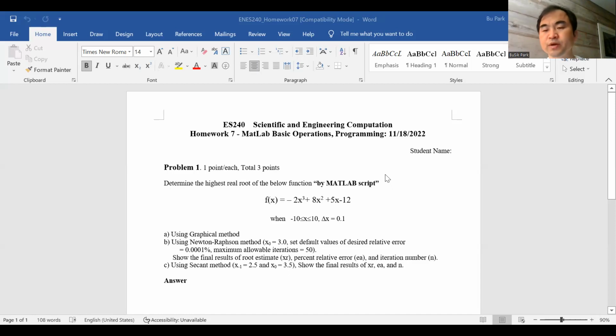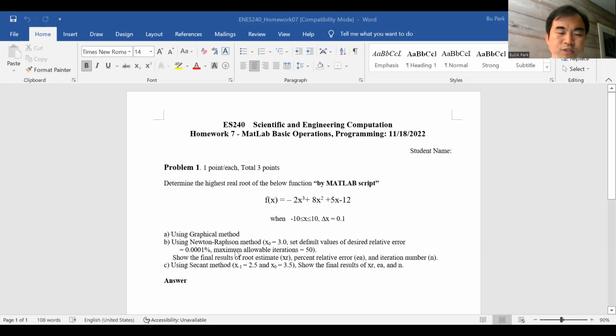You need to do the programming using MATLAB, using the graphical method and the Newton-Raphson method, with x0 equals 3.0, and the relative error is this one. The maximum allowable iteration is 50.